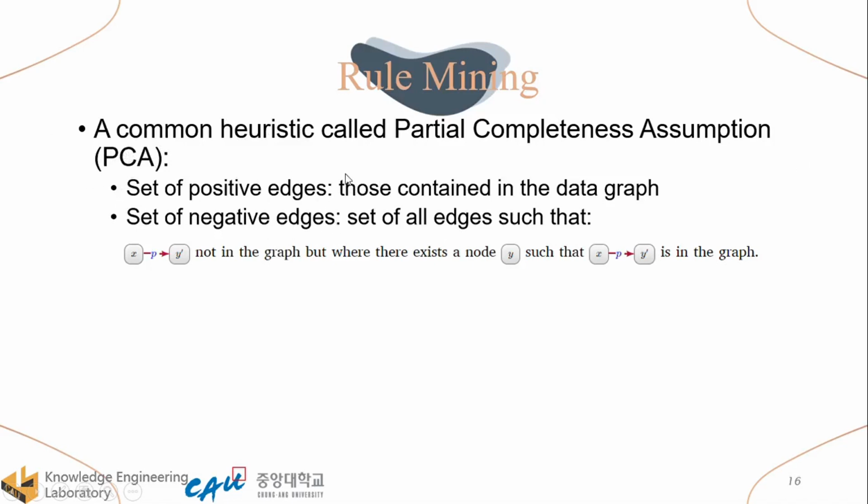The set of positive edges are those already contained in the data graph, and the set of negative edges are the set of all edges such that if there is an edge from node X to Y prime that is not in the graph yet, but in the graph already exists a node Y such that we have an edge from X to Y, then it will be a negative edge. I think this is why the book is a little bit wrong. It's already in the graph.